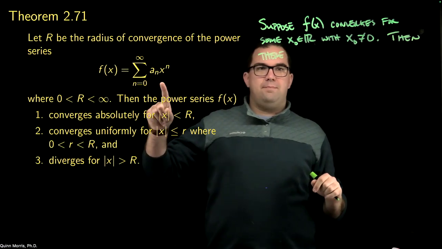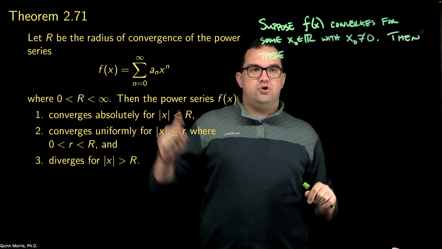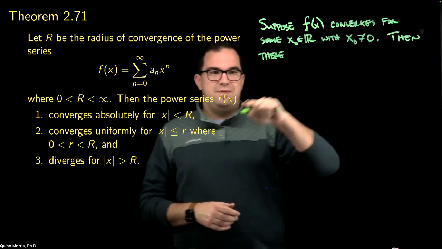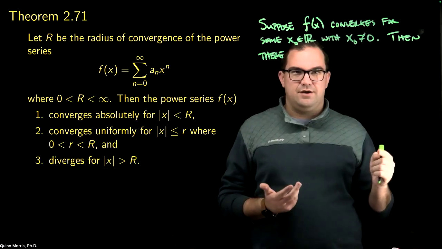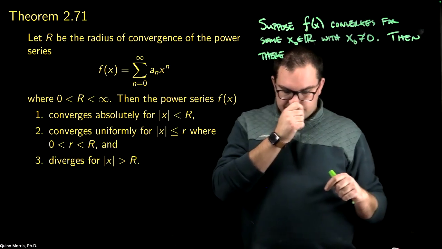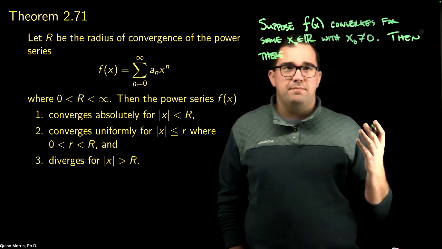Then there exists, well, if it converges when I plug in x naught, then with x naught plugged in, each of these terms must be going to 0, right? If the limit of my terms in my series doesn't go to 0, the series can't converge. Since I'm assuming the series converges for x naught, then the terms must go to 0. And since they go to 0, they must be bounded.